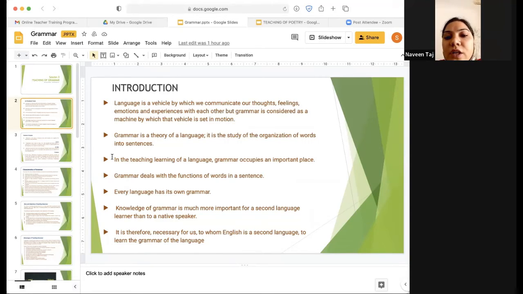In the teaching and learning of a language, grammar occupies an important place. Grammar deals with the functions of words in a sentence. Every language has its own grammar. Knowledge of grammar is much more important for a second language learner than for a native speaker. It is therefore necessary for us, to whom English is a second language, to learn the grammar of the language.